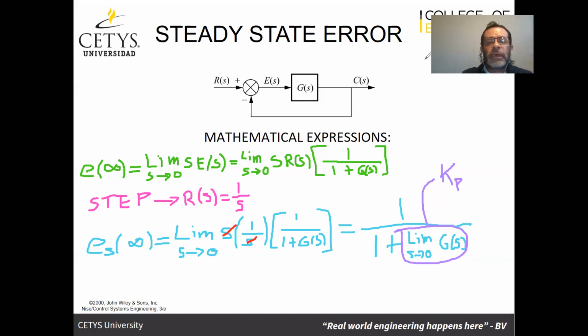Now, for the other cases, let's assume that now for a ramp, R of S is going to be R1 divided by S squared. Okay, in the case of a ramp.